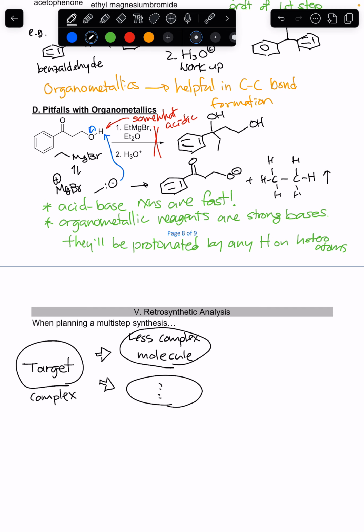And now each of these could be made from perhaps a slightly less complex molecule. And if you go way back, maybe you could trace your way back to simple starting material.